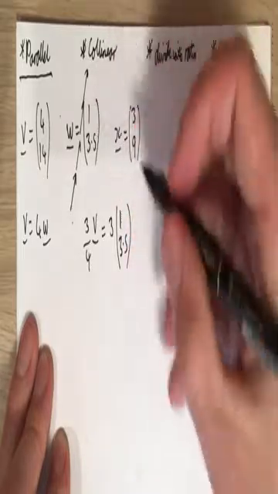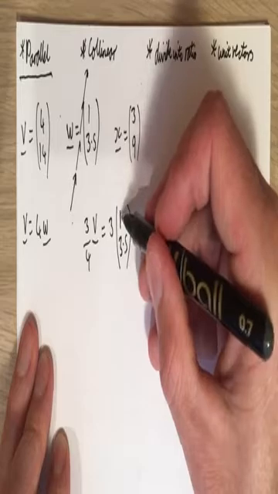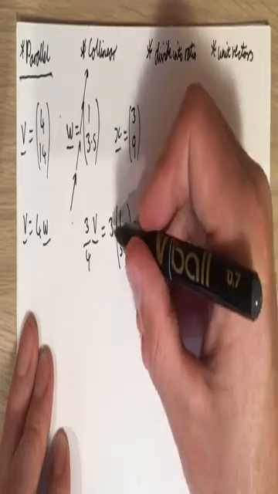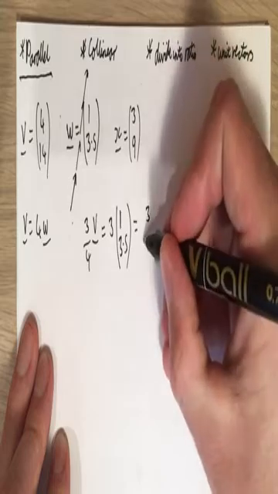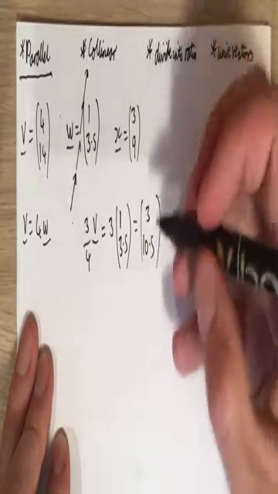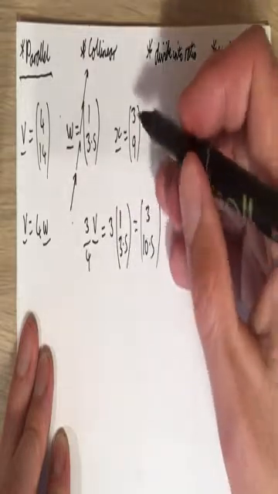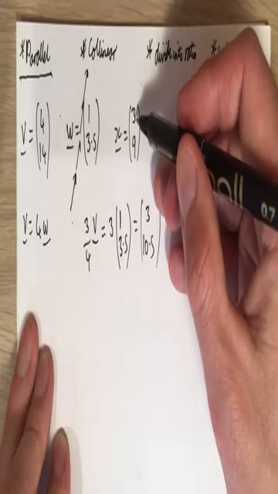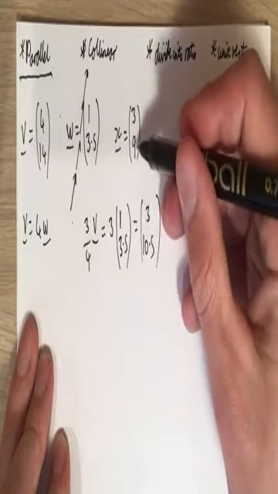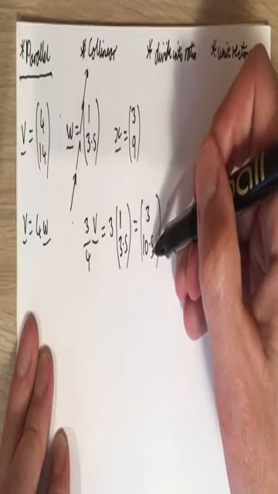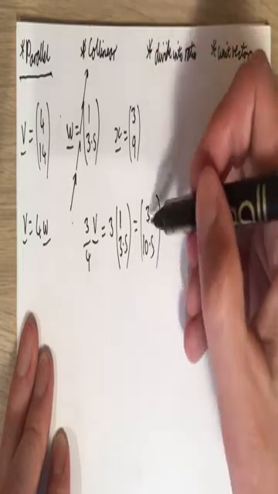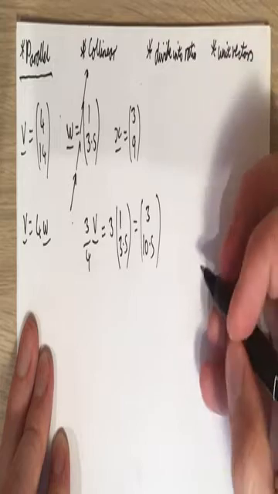It's 1/4 of V. Now 3 times W, or 3 times 1/4 of V, is 3 times 1 at the top, which is 3. 3 times 3.5 at the bottom, which is going to be 10.5. Why have I done that? Well, you can see the 3 matches vector X, but the instruction here, go up 9 and go up 10.5, is different. These cannot be parallel. They both go right 3, but they go up a different amount.